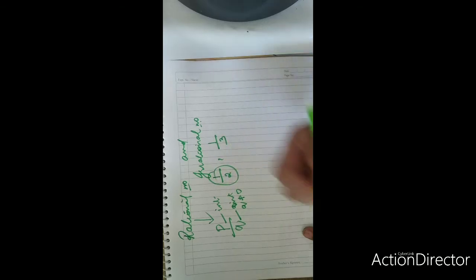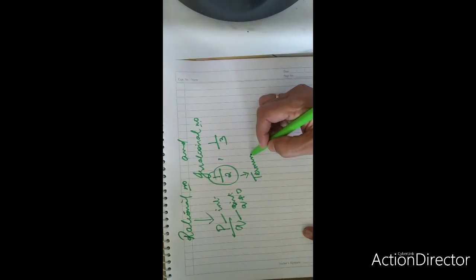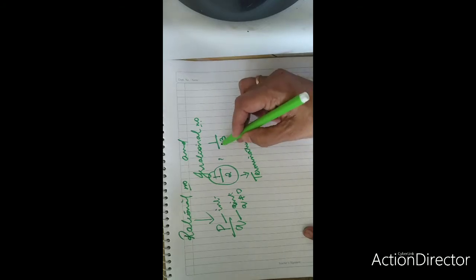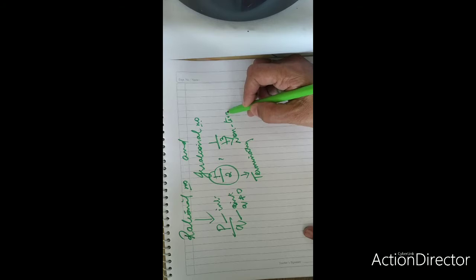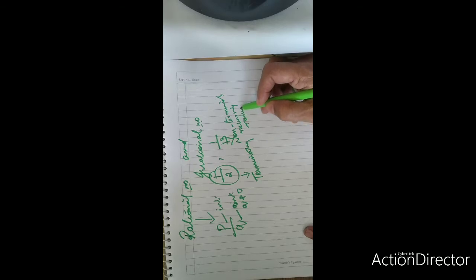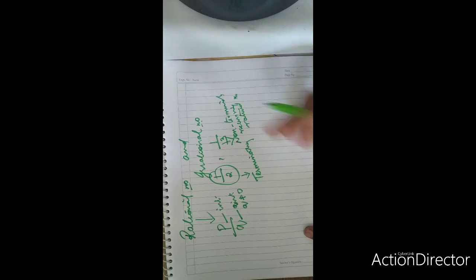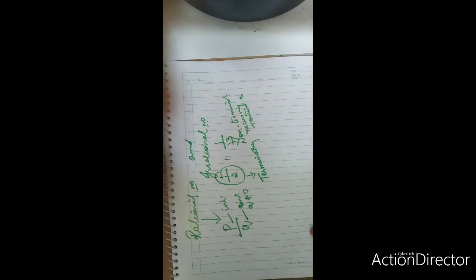1 by 2 is a terminating rational number and 1 by 3 is a non-terminating and recurring rational number. Just by looking at the rational number, how can you say whether it is a terminating or a non-terminating recurring rational number?